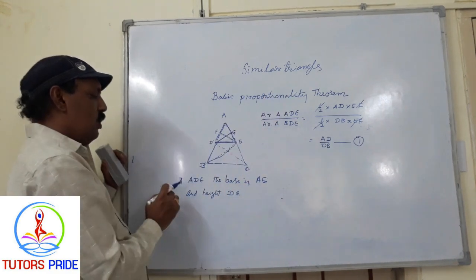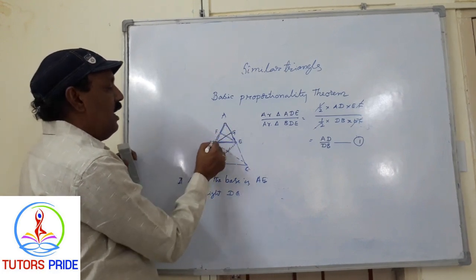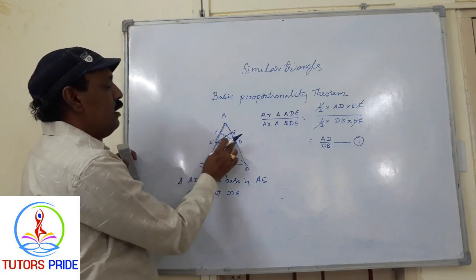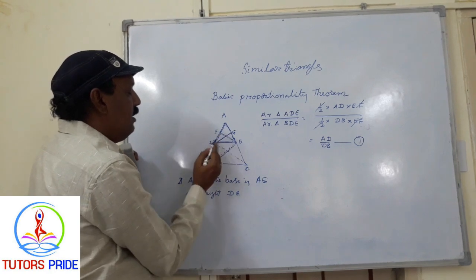In the first ratio we had the same triangle ADE with base AD and height EF. Now once again I am taking the triangle ADE; this time the base is AE and the height is DG.